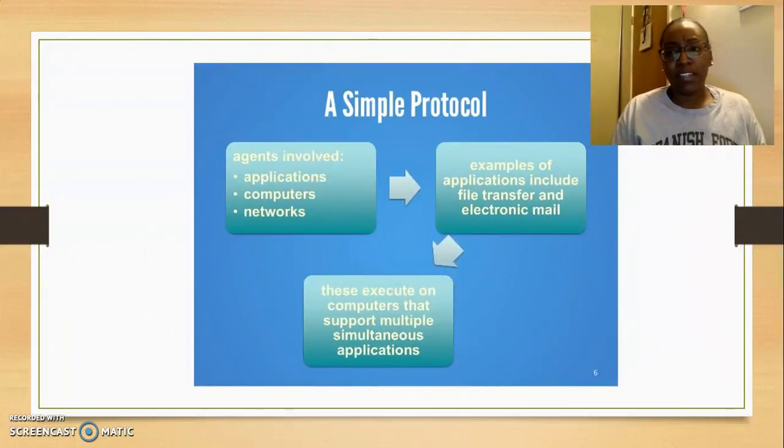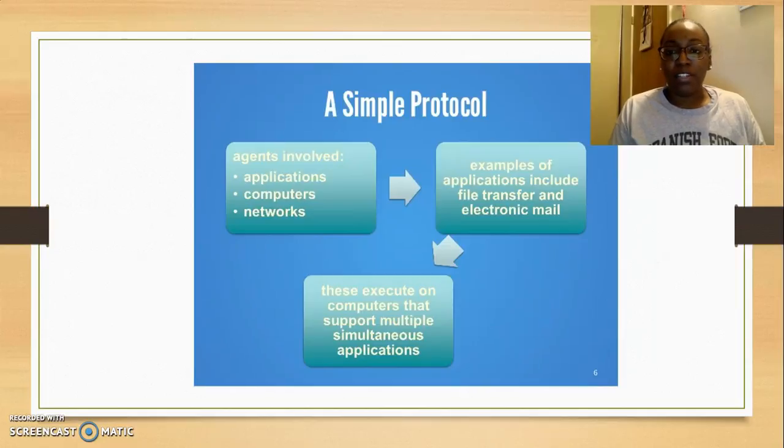So here's a simple protocol image to try to make it easier for people that wouldn't really know how to model or get an image of a protocol. So it deals with agents involved, which are applications, computers, and networks.